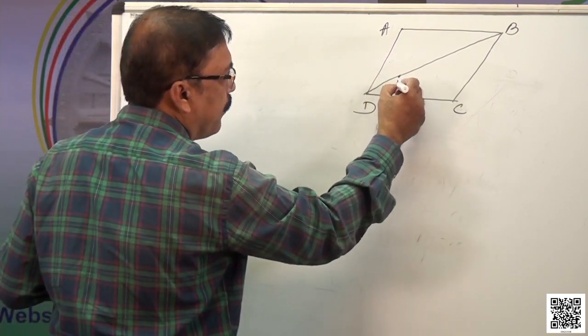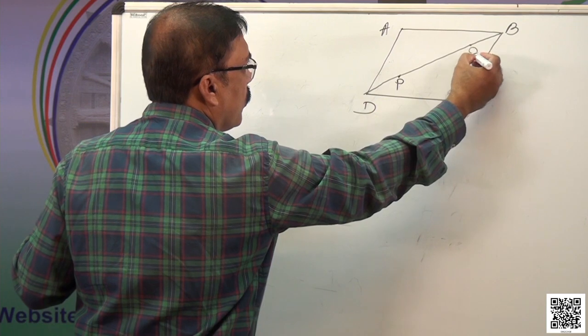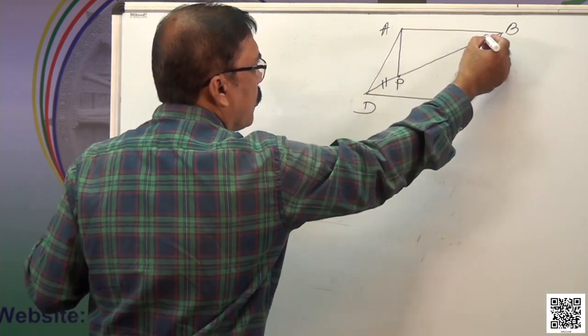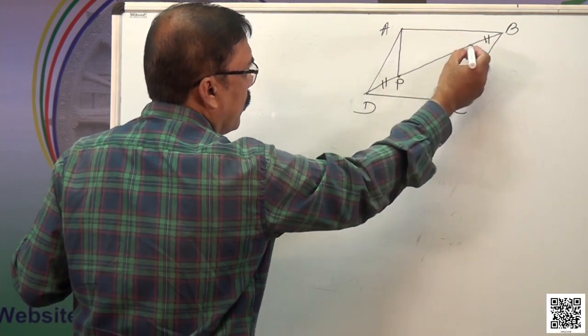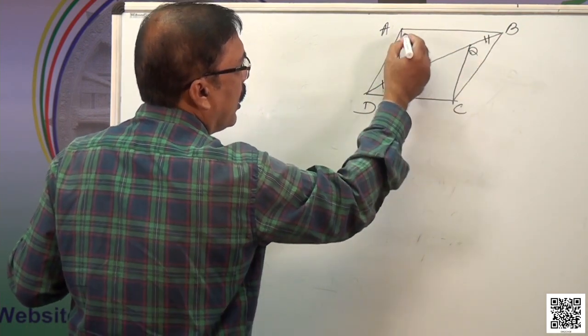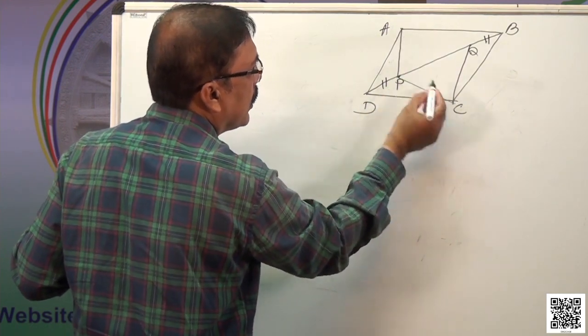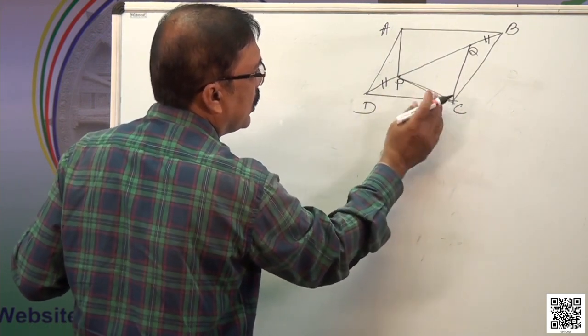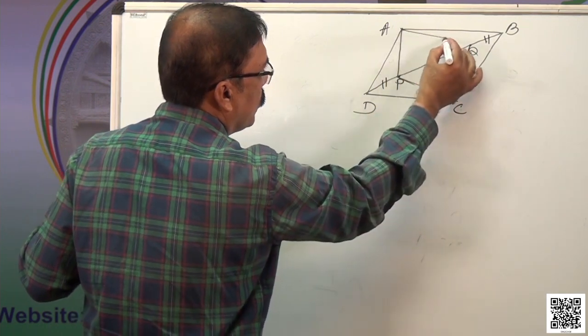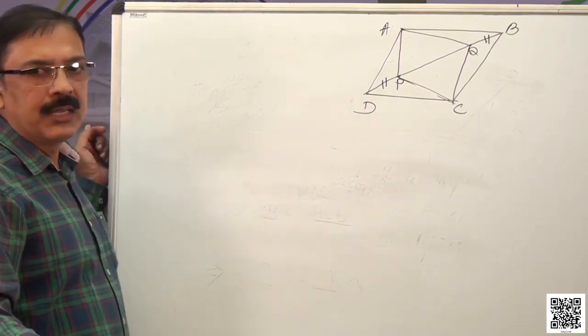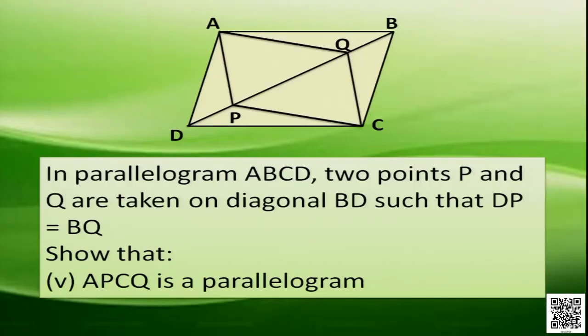We have point P and Q in such a way that DP is equal to BQ. Now, we have to join AP, PC, QC and AQ. We have to show that APQC is a parallelogram.